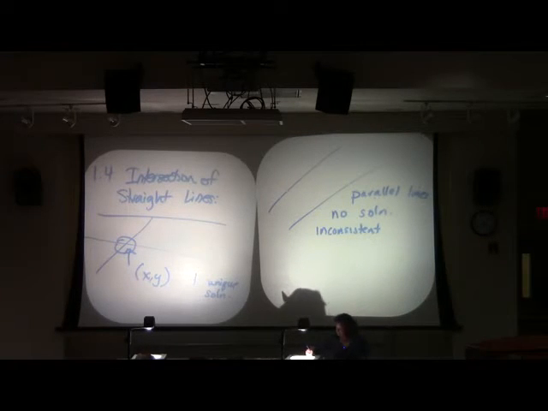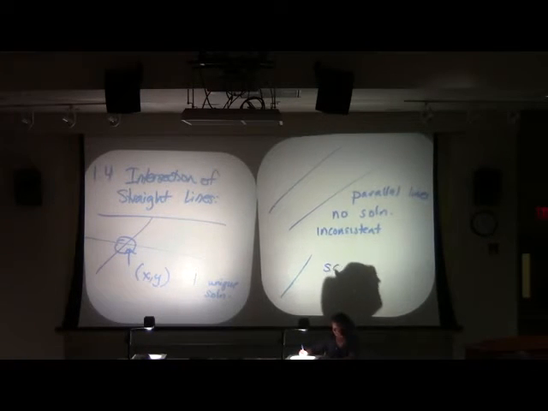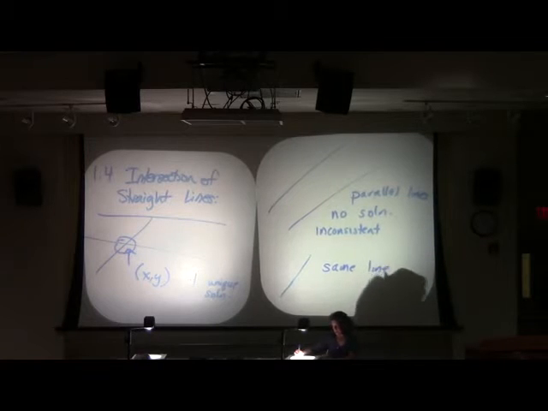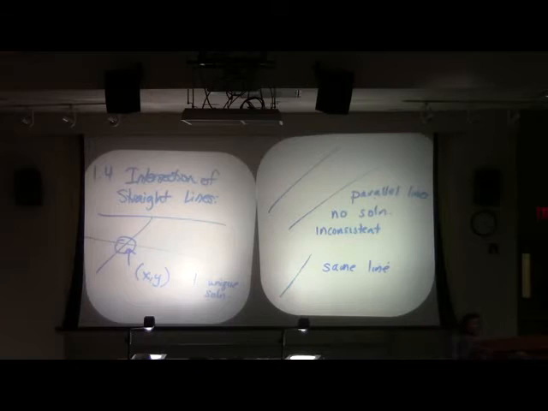Now, a third type of situation that we could be in is we could actually have them be the same line. Now, I know you're like, okay, Lauren, wouldn't I see if a line was written the same way twice? There's ways to get it past you, so just bear with me here. But if we asked, where do these lines intersect?